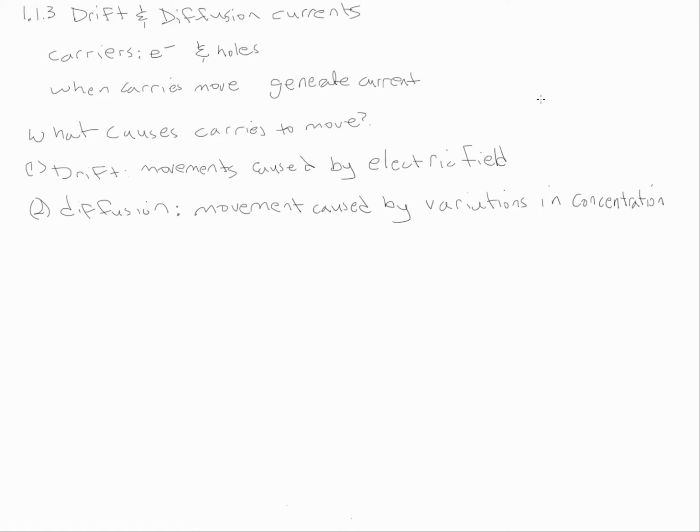So you have a concentration gradient that causes diffusion. And diffusion is usually from high concentration to low concentration.